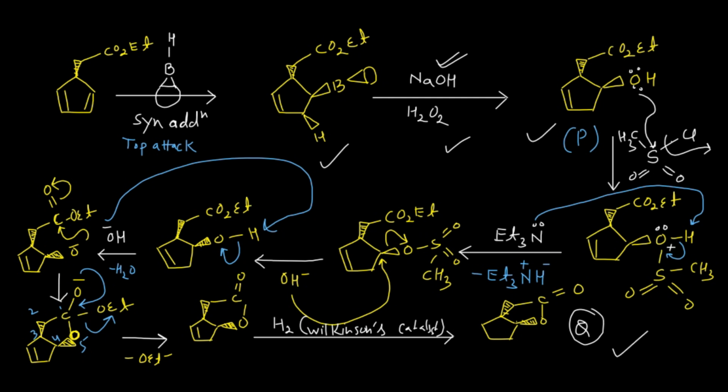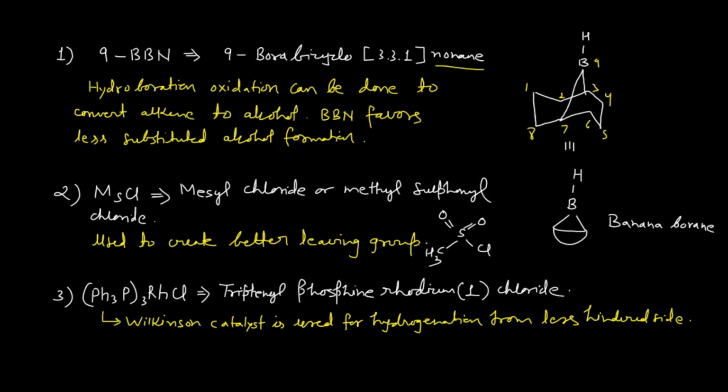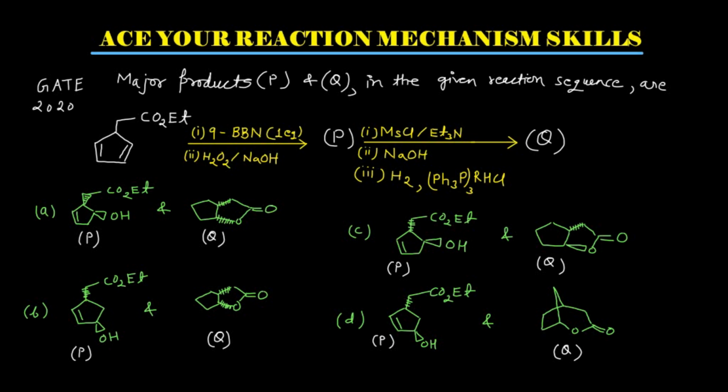You can write down these two products in your copy or your answer sheet to match the answer correctly. So here you can see in the P, my ester is on the bottom side, my OH is on the top side. Now I go back, my OH is up and my ester is down, and this double bond is intact here.